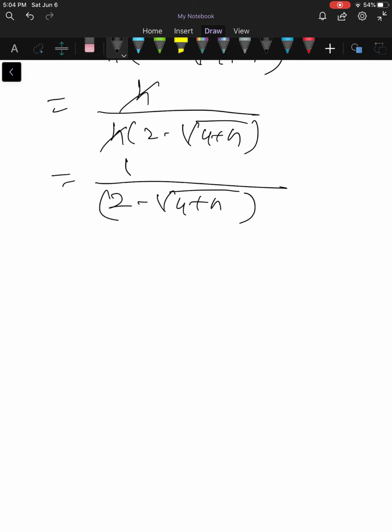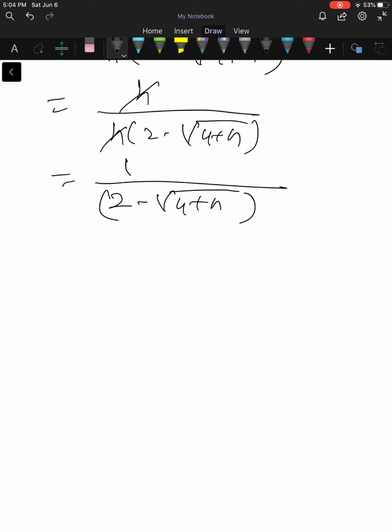So this is how you rationalize either the denominator or the numerator, based on where the radical expression is present, or based on what you have been instructed.